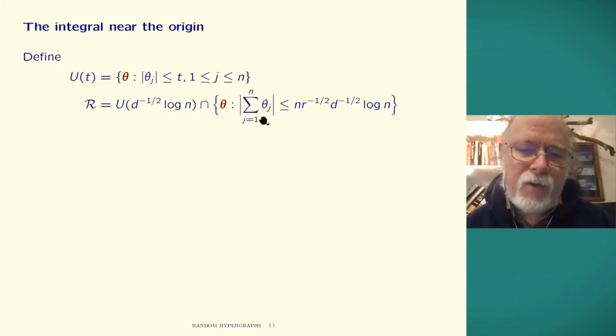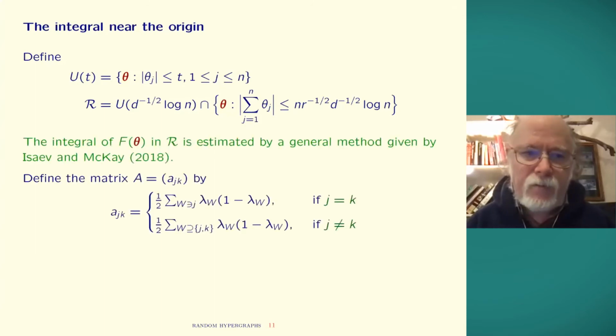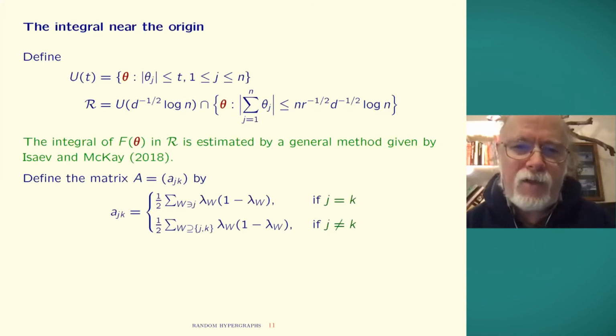So where the absolute value of the sum of the thetas becomes too large, we'll chop it off. So that's the intersection of a cuboid and the region between two parallel planes. So now we have to find the integral of our messy integrand inside this messy region.